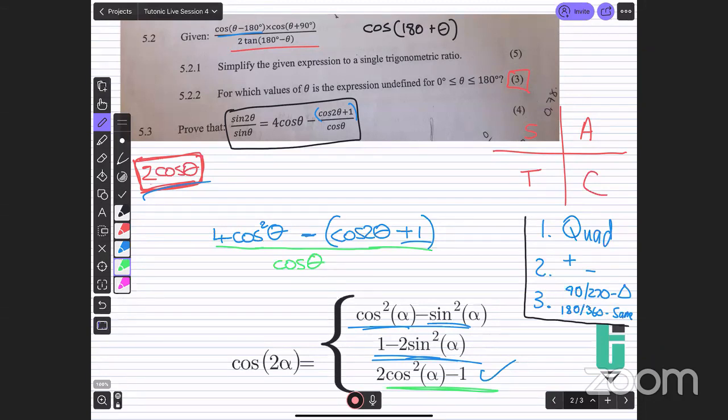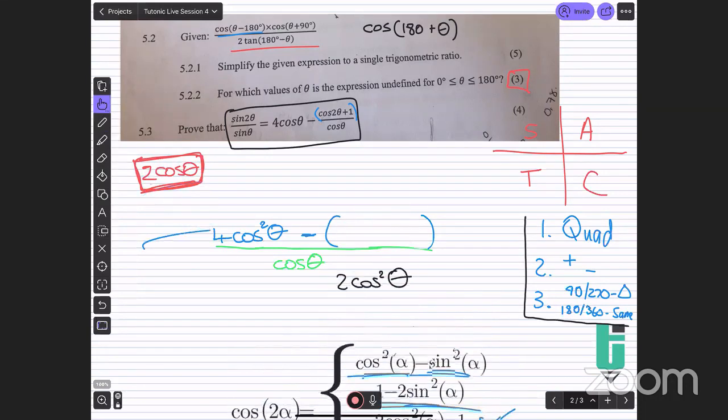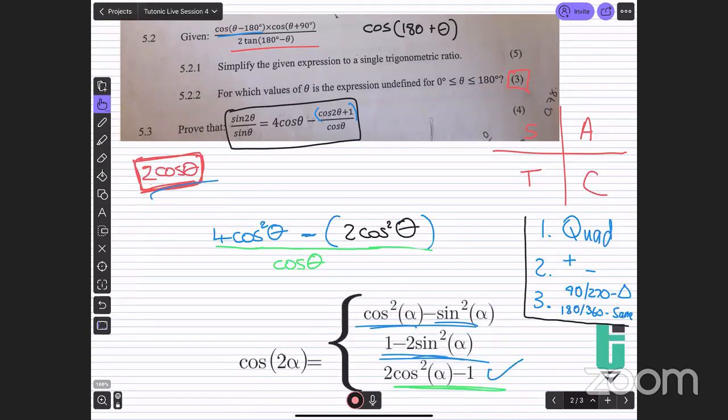It's just going to be 2 cos squared theta, right? Yeah. Because it's 2 cos squared theta minus 1 plus 1. Do you see that? And then look what happens. Common factor. Oh no.